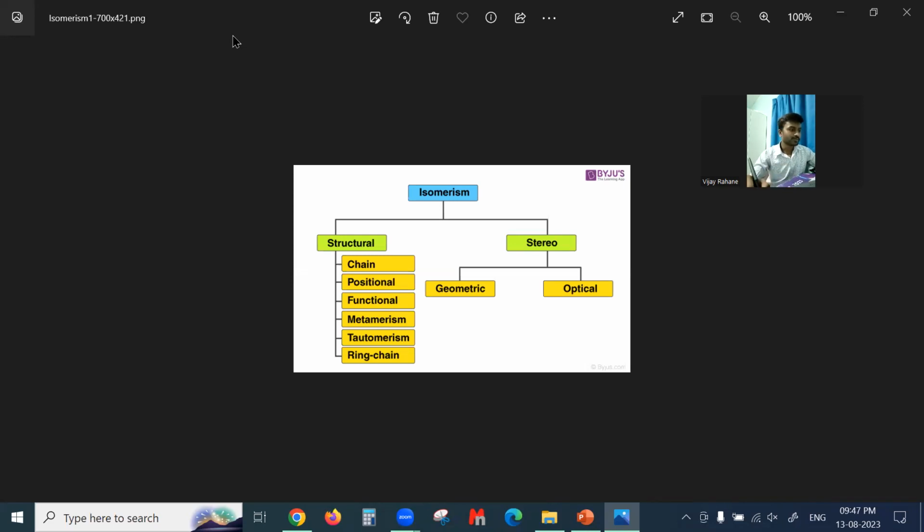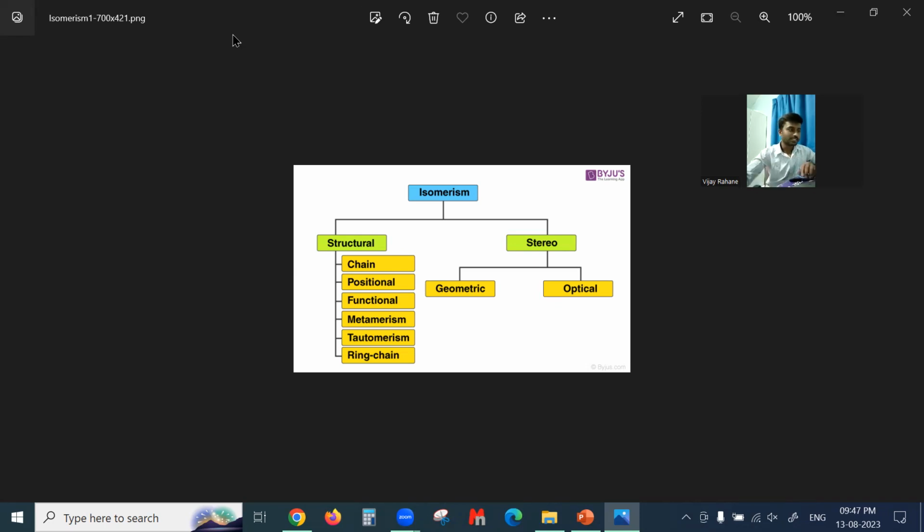The position isomerism, in which the position of the functional group is different, for example 2-bromobutane and 1-bromobutane. So this is the positional isomer. The functional isomer is when compounds have the same molecular formula but, let's say, an aldehyde and an alcohol.